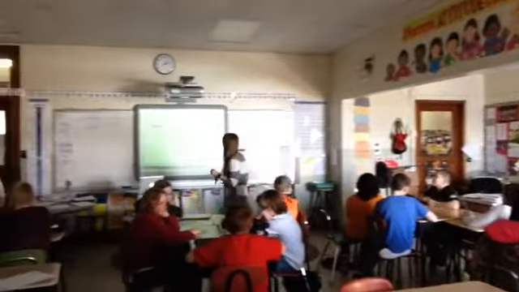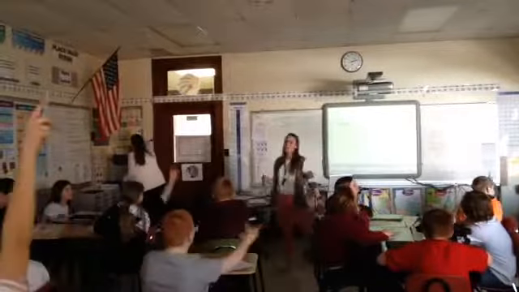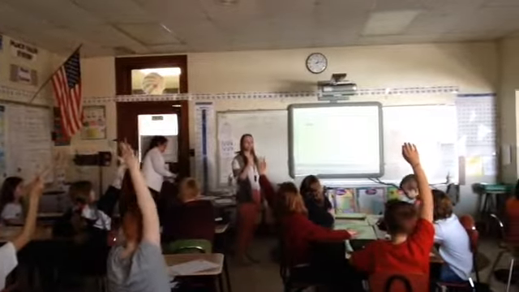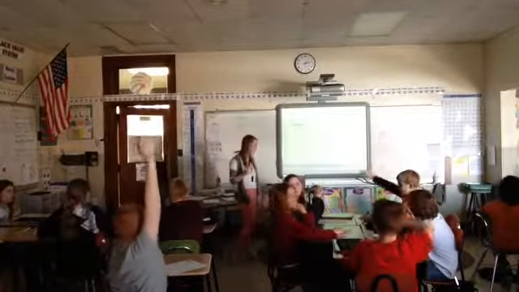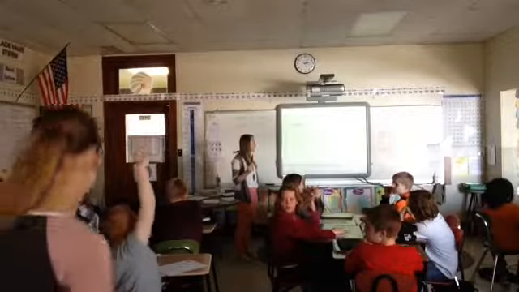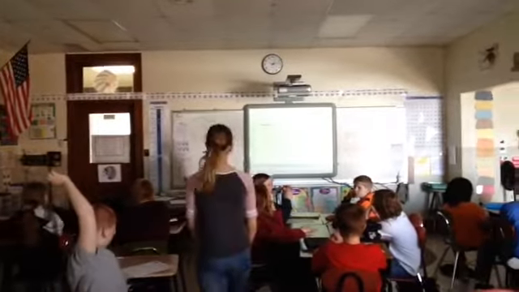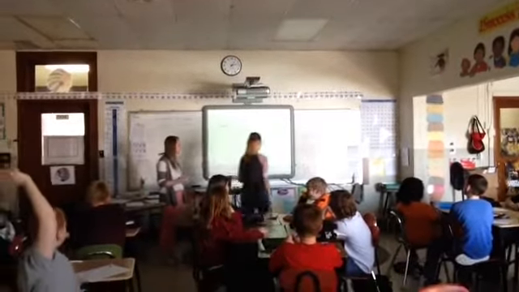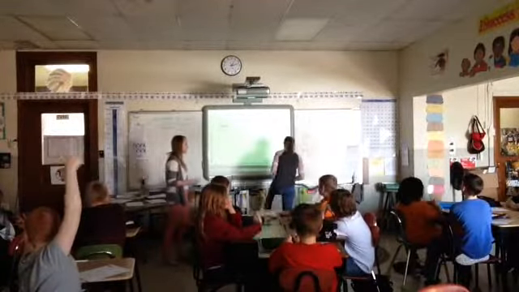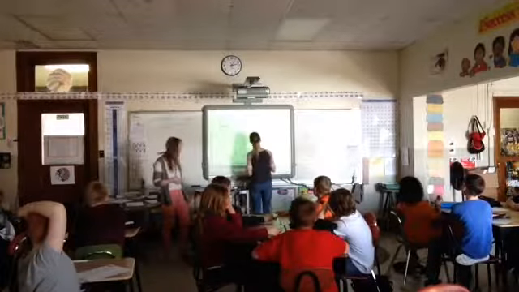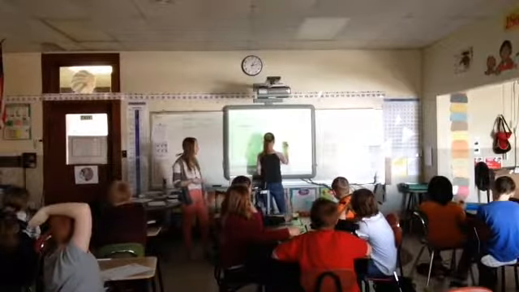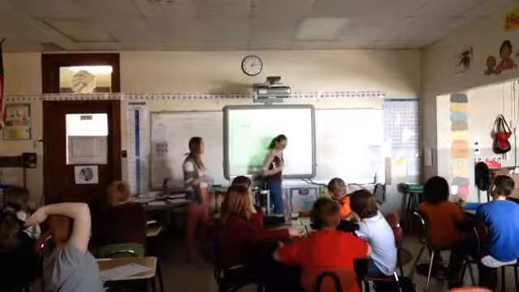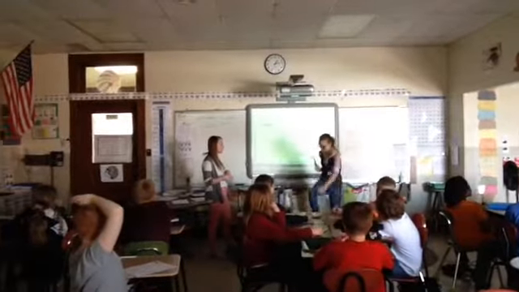Okay. Number 4, who would like to come to the board and write? Emily? You're comparing the numbers -12 and 0. Sorry, you have to step over the cords. Okay, so -12 is less than 0.